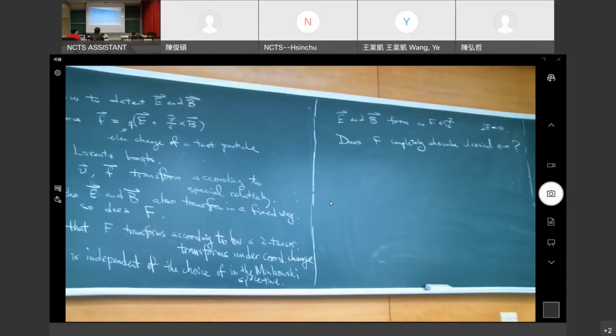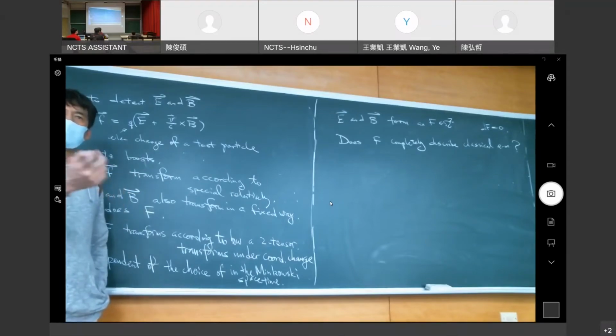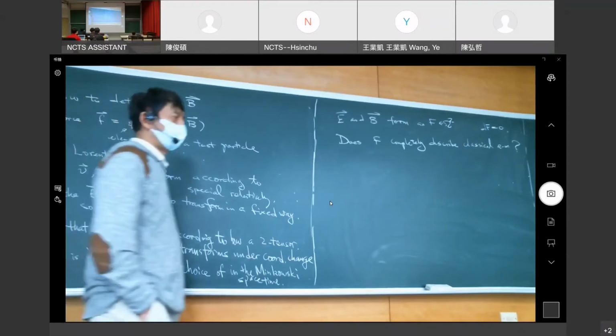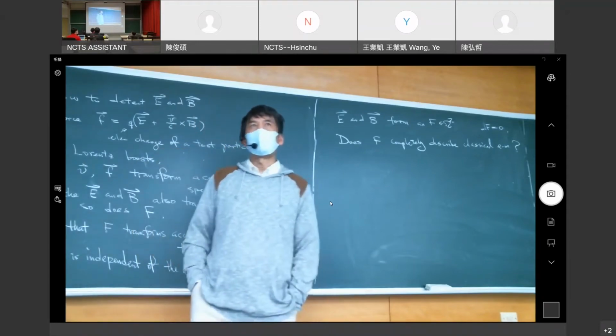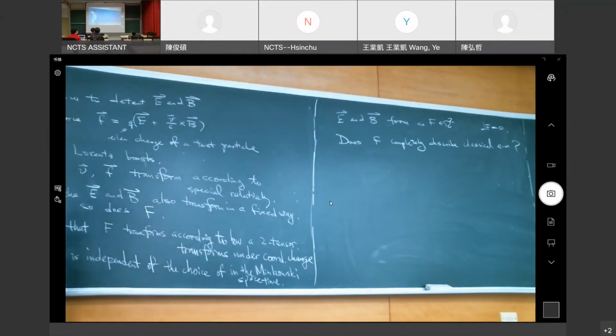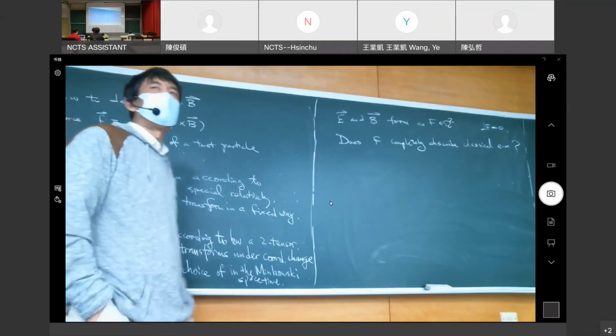If you parallel transport along a closed loop, then when you return to the original point in space-time, there might be a phase difference in the complex vector in this one-dimensional space, in the fiber. This phase in the fiber is called holonomy.